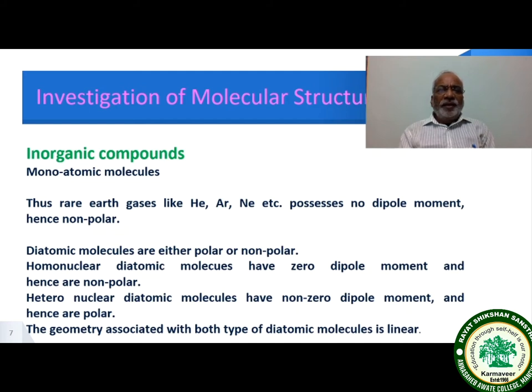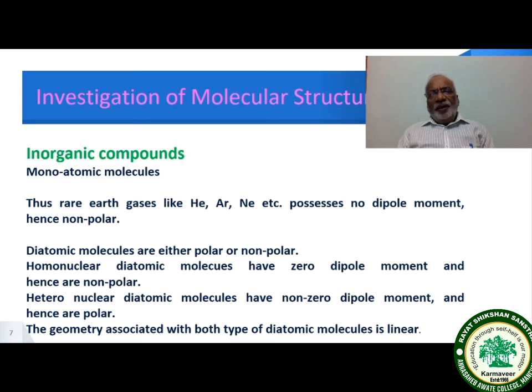Now we consider the same argument for inorganic compounds. There are different types of inorganic compounds. Let us take monoatomic molecules. All the rare gases, helium, neon, argon, krypton, xenon, are non-polar in nature.